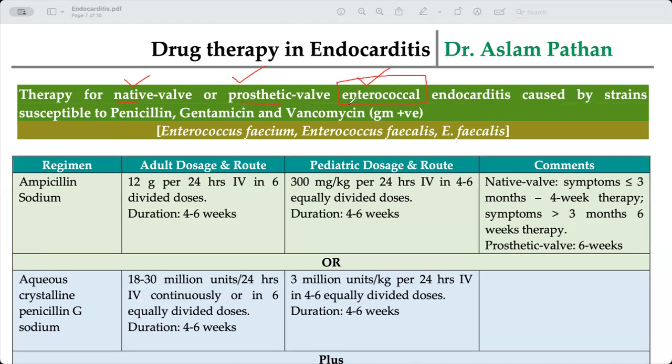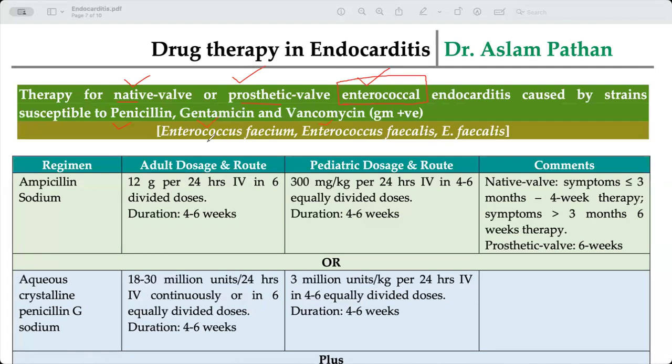In the previous session, we saw the endocarditis caused by streptococcus and staphylococcus. Now we will see enterococcal endocarditis caused by the strains susceptible to penicillin, gentamicin, and vancomycin, the gram-positive bacteria.